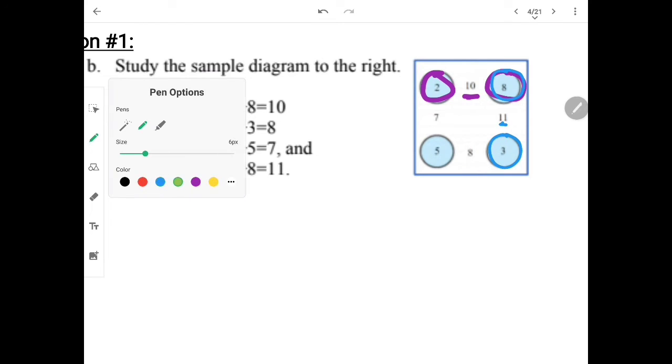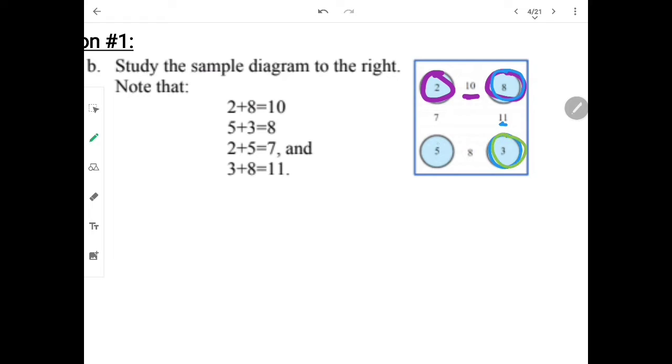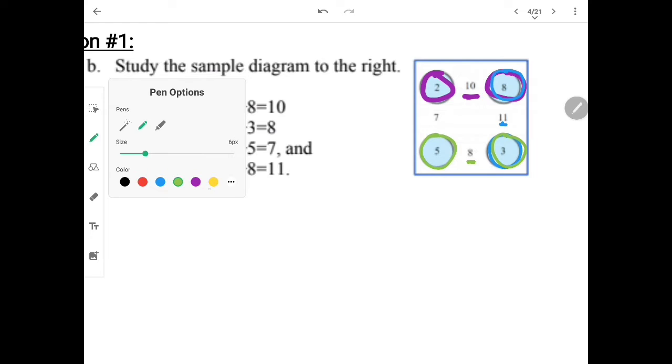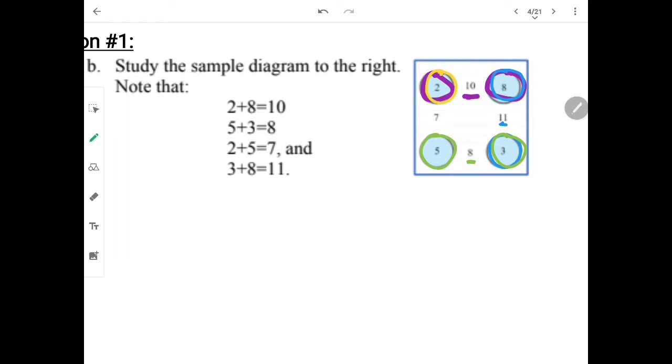We notice that 3 and 5 are equivalent to 8, and 2 and 5 are equivalent to 7. So if we study this diagram, we'll notice that the two consecutive circles that are right next to each other, their sum together should be the number in the middle.